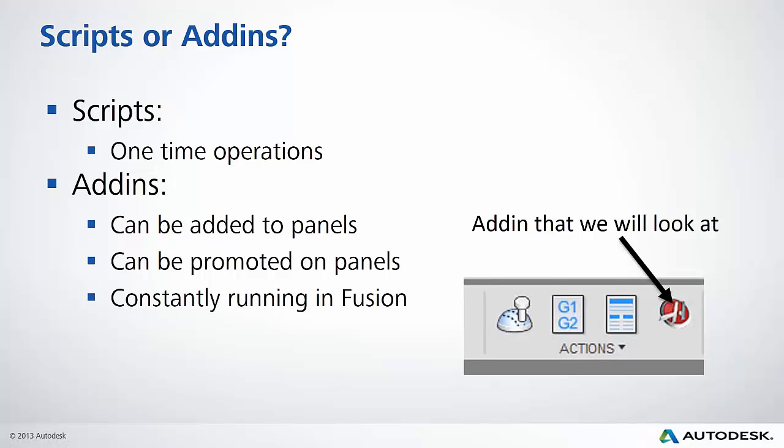The way to look at scripts is like a one-time use. You run it and it's done type deal. Add-ins are constantly running in Fusion, so they can be like the picture you see on the right. They can be something that is running and can be accessible on your actual panel. So in this case, on our post-processing panel.